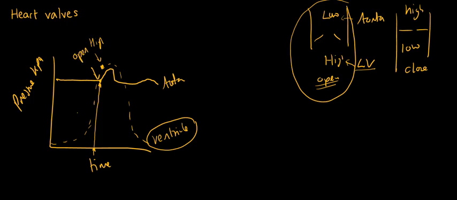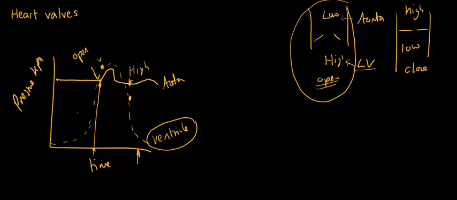And then if we have a look at what's going to happen at this location here, at this time point, pause the video and have a go at explaining what you think would happen here. Okay, so hopefully you have worked out that the ventricle pressure is now reduced and the aorta pressure is now higher.